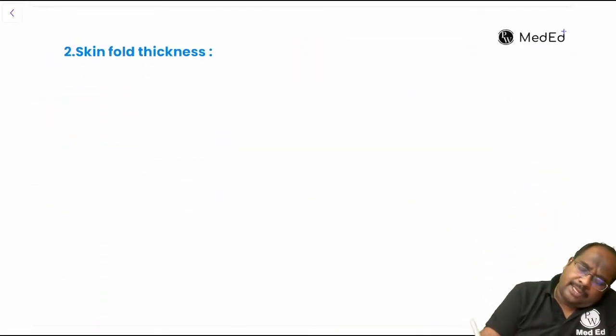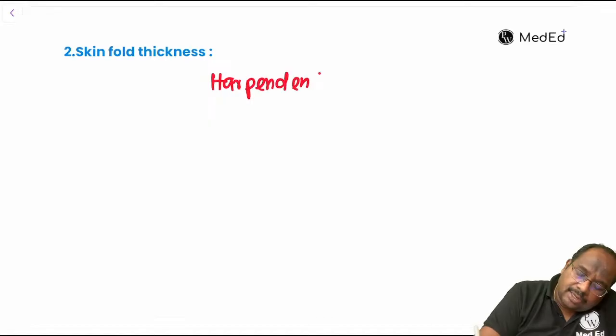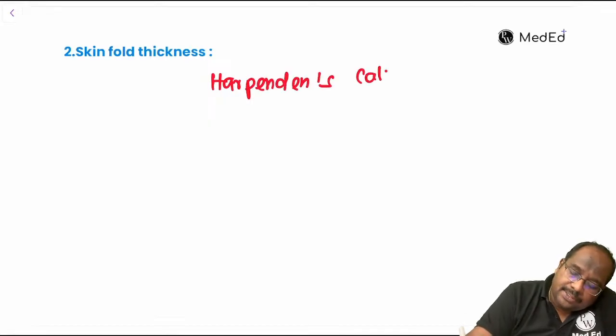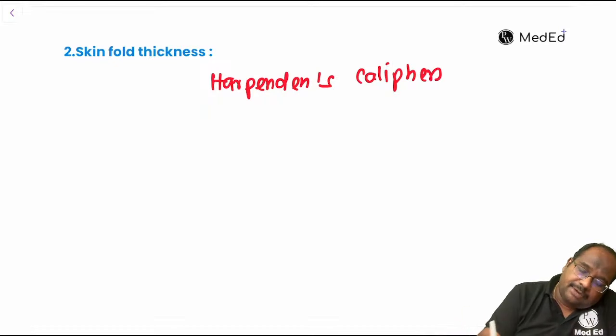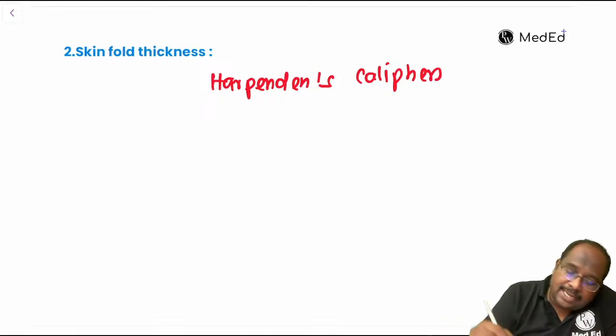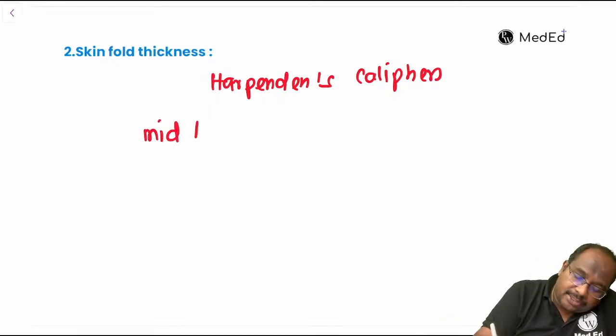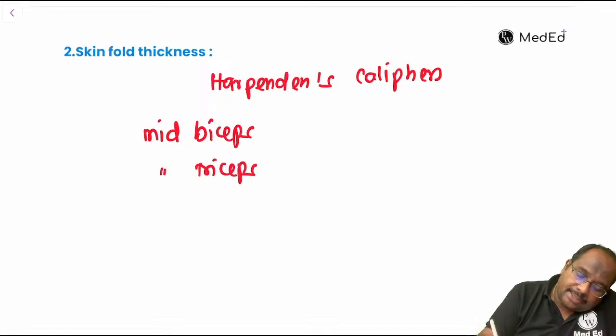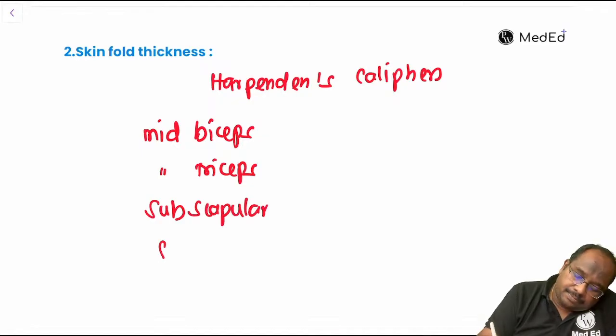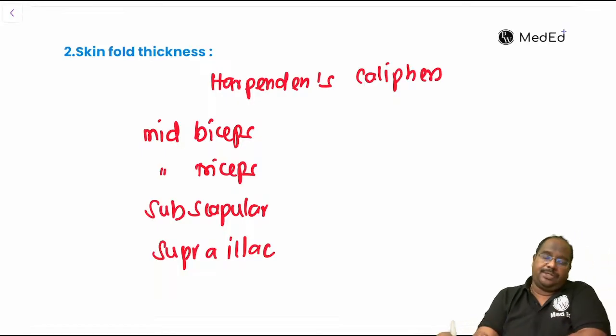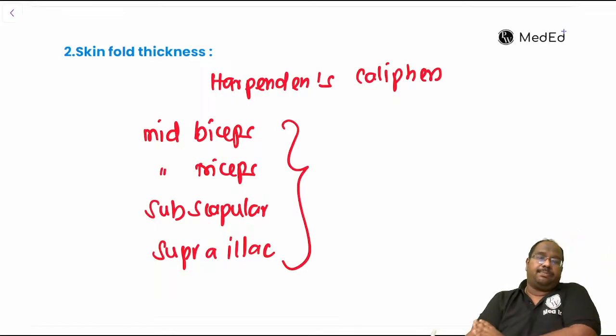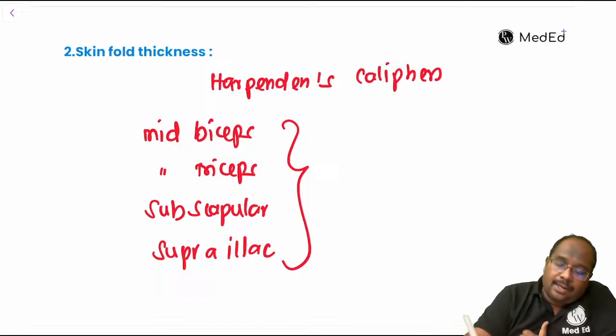What about skin fold thickness? We have an instrument called Harpenden's calipers. It measures skin fold thickness. What are the sites we have to measure? 4 sites: mid biceps, mid triceps, subscapular, and suprailiac.